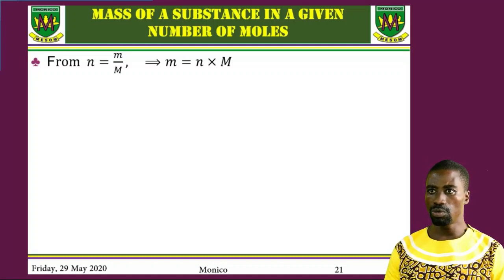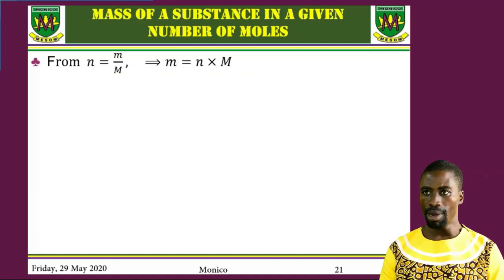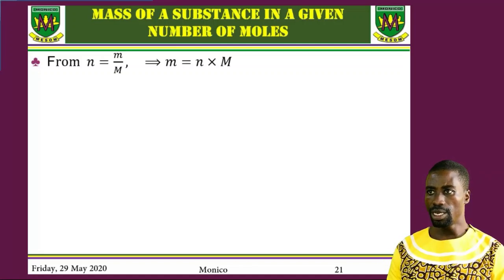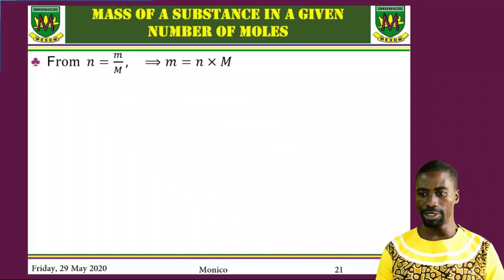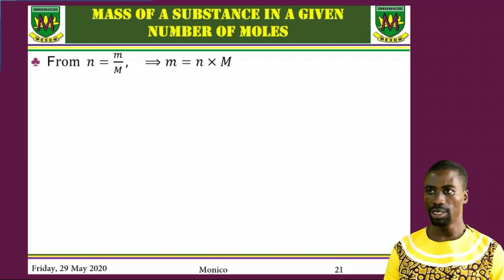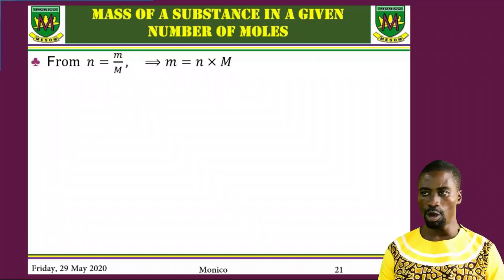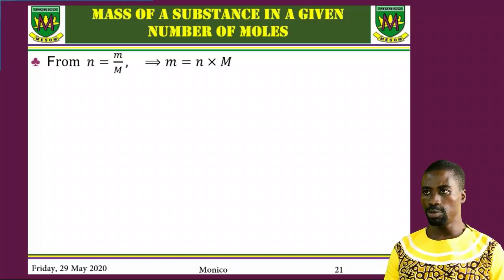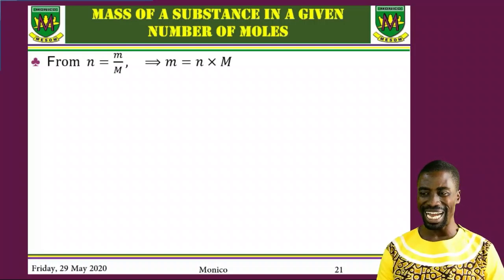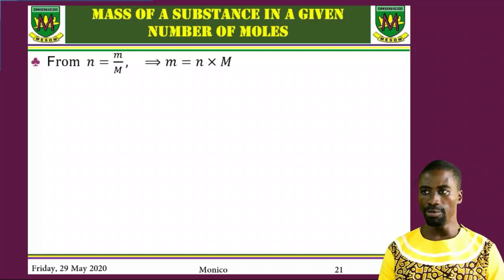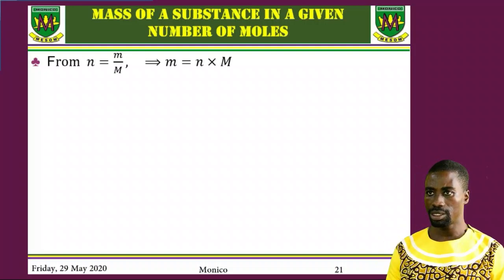Okay, so we have n, which is number of moles, equals mass over molar mass. And this will imply that if you remember your change of subject in mathematics, then it will inform you that small m, which is for mass, will be equal to small n for number of moles times the big M for molar mass.